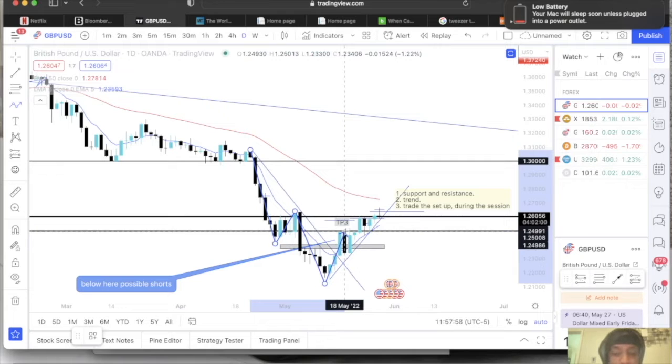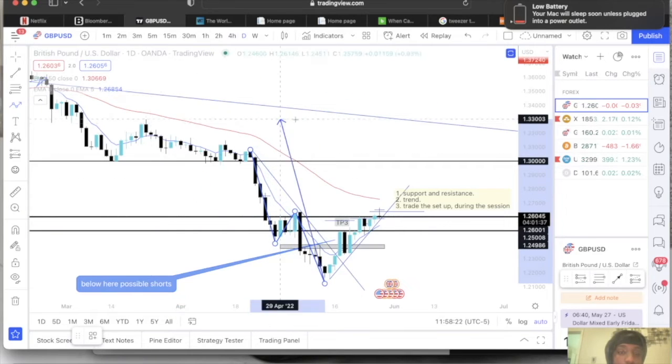Trading is all about probability. There's a probability for price reversing off of here, and a stronger probability of price reversing off of here, still going short.